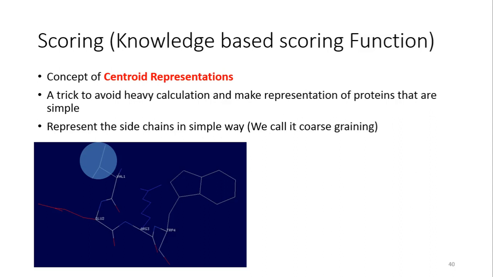So what these guys did was draw a sphere of a radius that covers the entire side chain, as you can see over here. This sphere will be considered as a single entity, the side chain, or simply we would call it the R group. This R group, or side chain, will have a specific volume and specific position around the protein's backbone based on which amino acid residue the R represents.